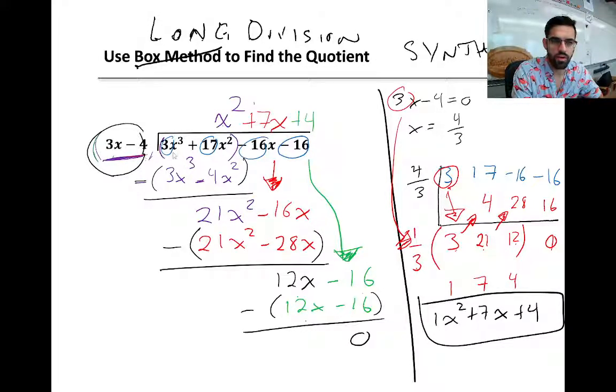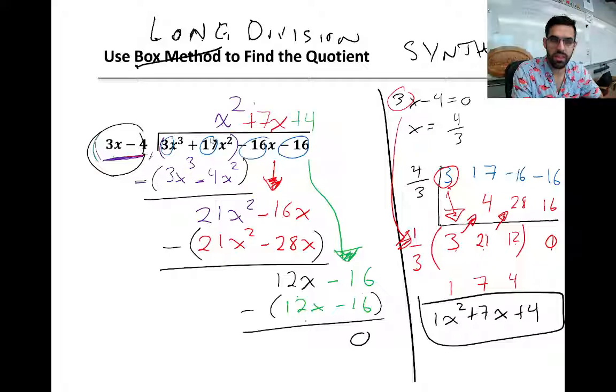I have 3x to the power of 3. What do I multiply 3x by to make it look like 3x to the power of 3? Well, I'm going to multiply 3x by x squared. 3x times x squared is 3x to the power of 3. So if I multiply the whole term, 3x minus 4 times x squared, I get 3x to the power of 3 minus 4x squared.